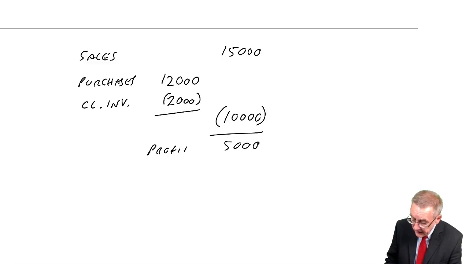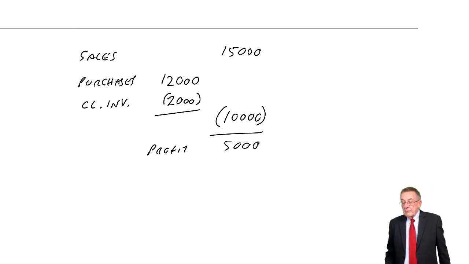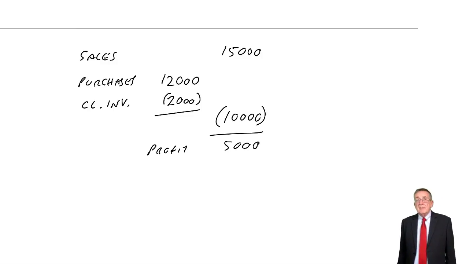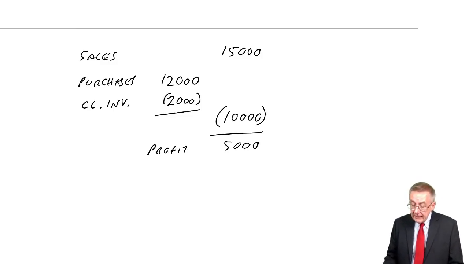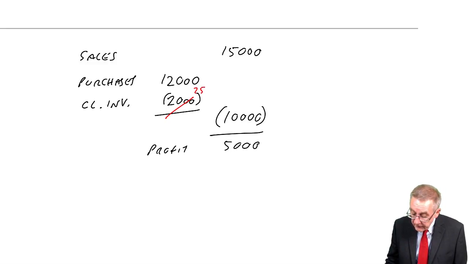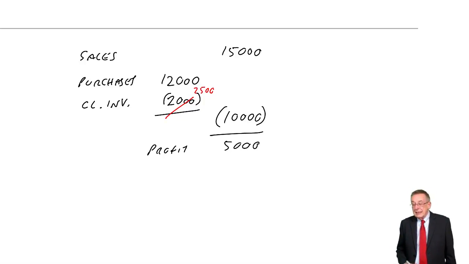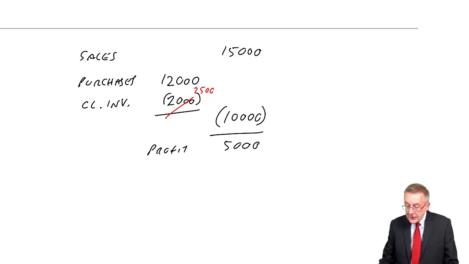I'll go back to our figures in a minute, but nothing new there. Suppose, though, we valued inventory differently and got a higher figure. Just suppose the value of inventory was 2,500. What would happen to the profit? It would mean the cost of sales fell to 9,500 and the profit went up to 5,500.